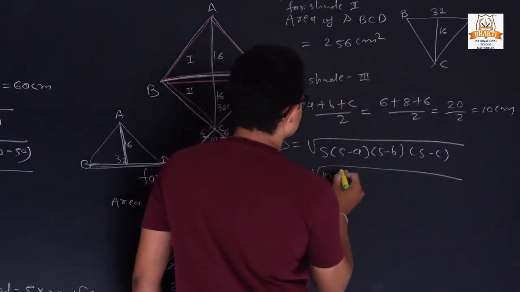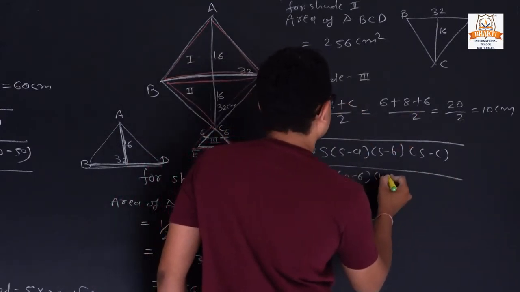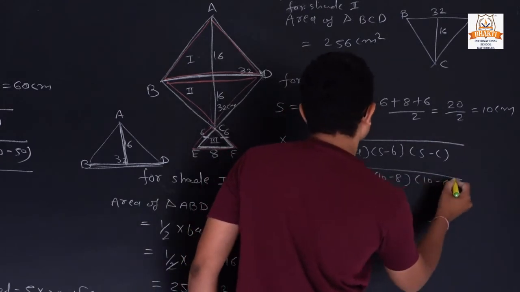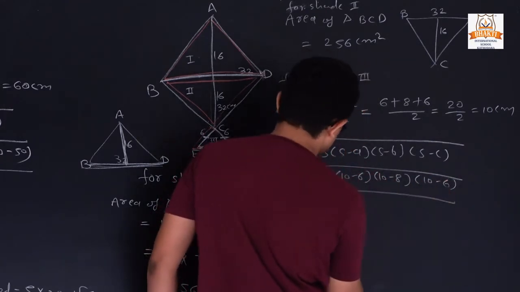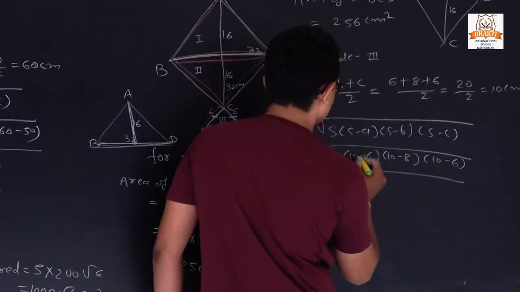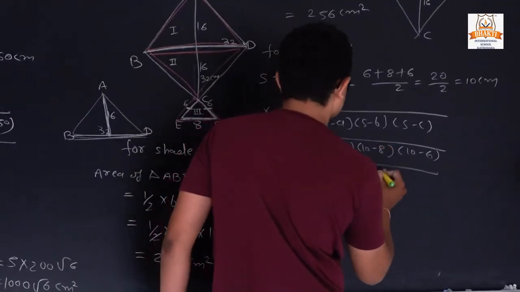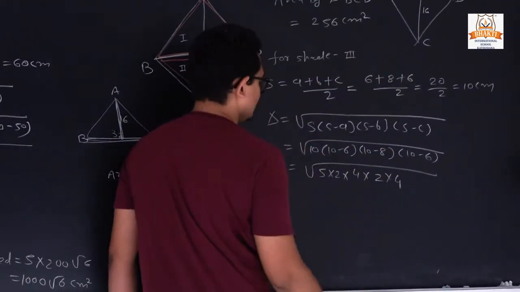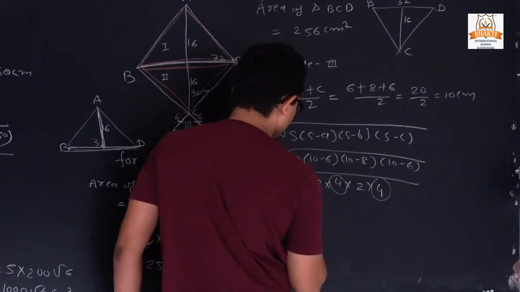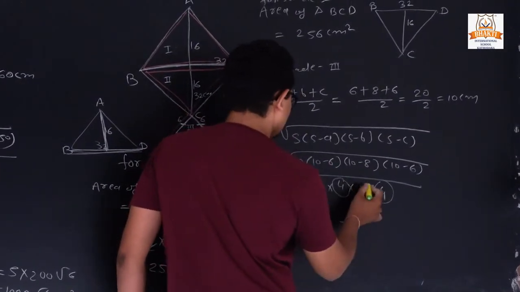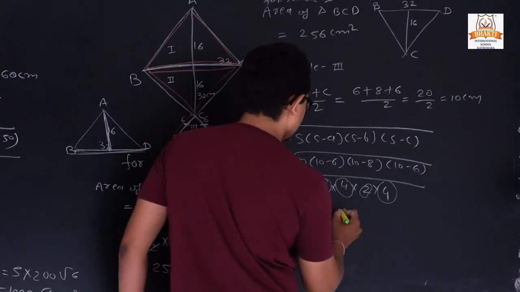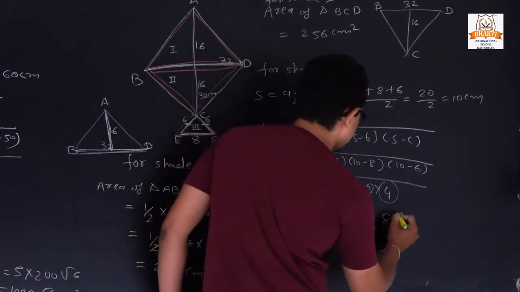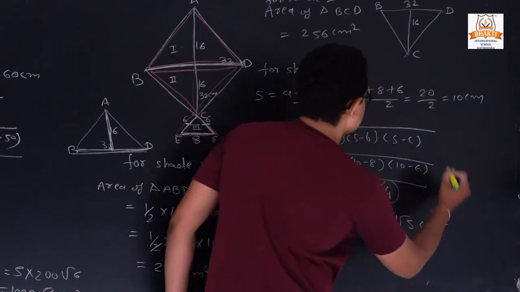It is 10. 10 minus 6, 10 minus 8 and 10 minus 6. So 10 means 5 2s are. It is 4. It is 2. Once again 4. So we have a pair of 4 4. And we have also the pair of 2 2. So what is answer? 8 root 5 centimeter square.